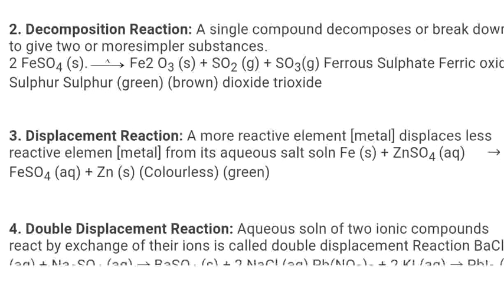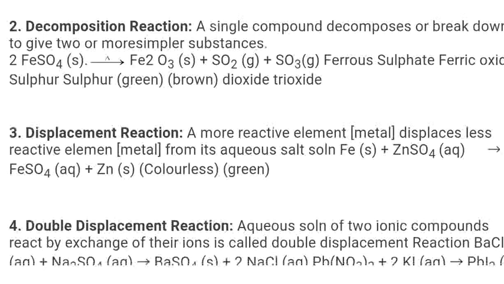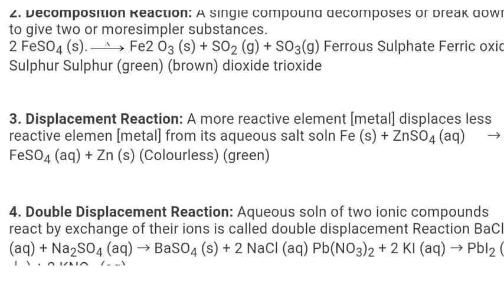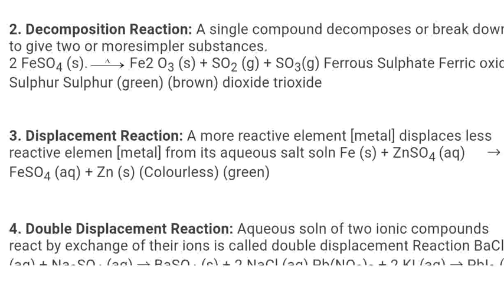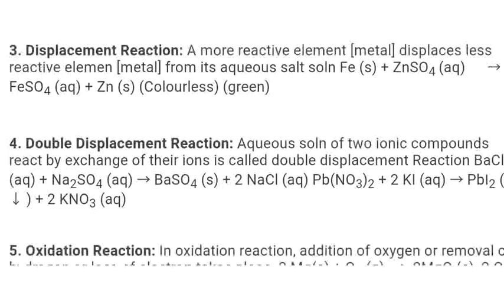For example, FeSO4, ferrous sulfate, breaks into Fe2O3, ferric oxide, and SO2 and SO3, sulfur dioxide and sulfur trioxide. So this is a decomposition reaction because here FeSO4 breaks into three substances: ferric oxide, sulfur dioxide, and sulfur trioxide. The color of sulfur trioxide is brown.